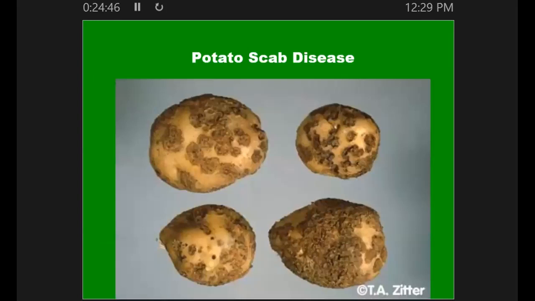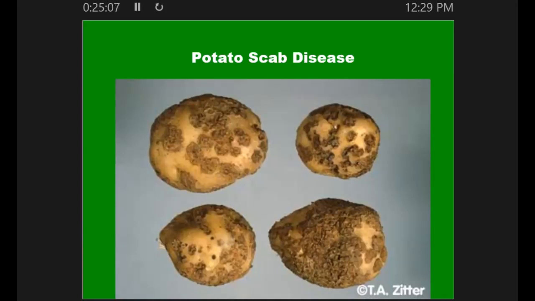Don't eat this though. This is what I study. One of the diseases of plants that I study is called potato scab disease. This is a very severe example of it. You would not see this in a store anywhere. You could eat this if you wanted to. I have on a dare. I did eat it.